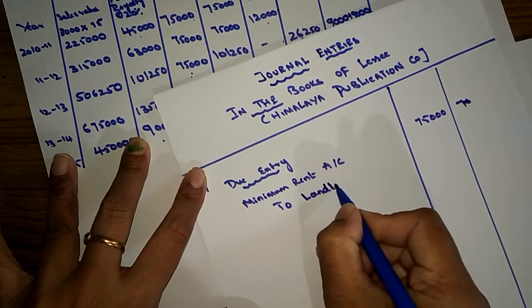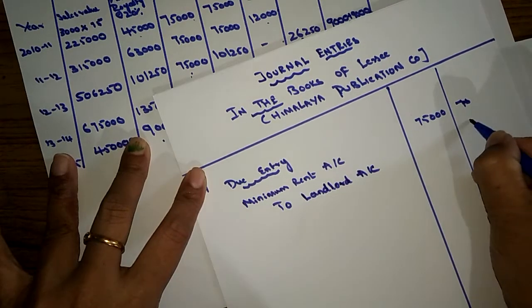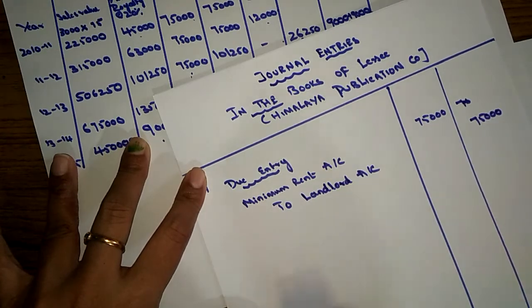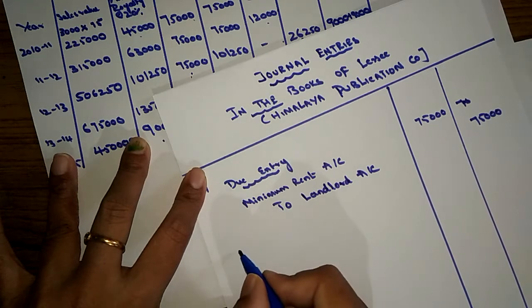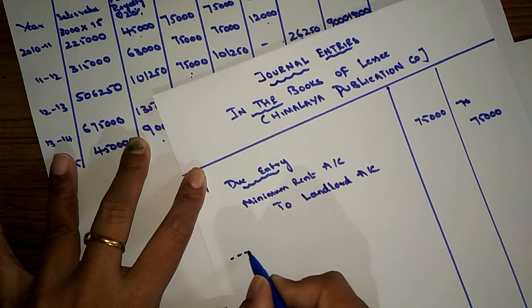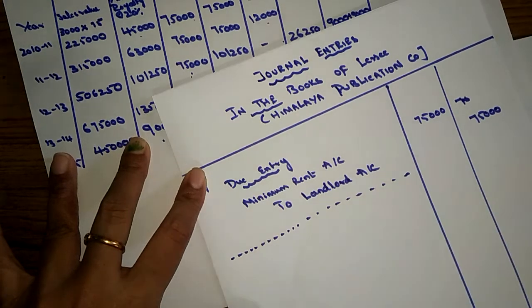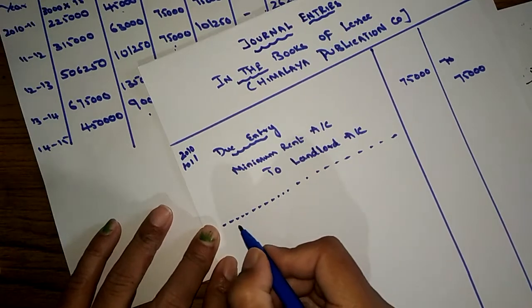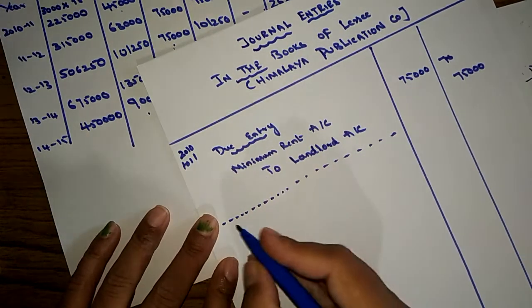It's landlord. It's due to landlord account, 75,000. Okay, this first entry is for due entry. You need to write the narration.